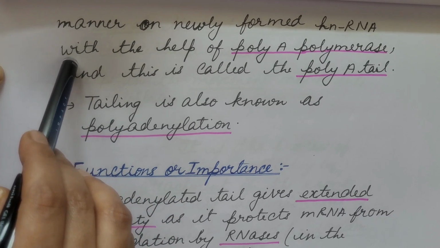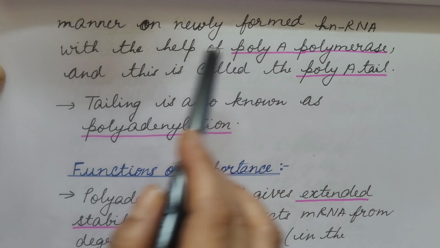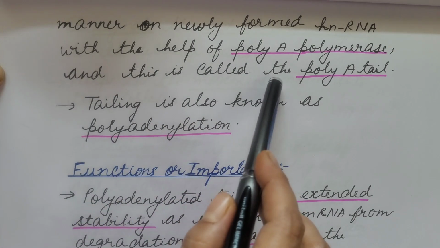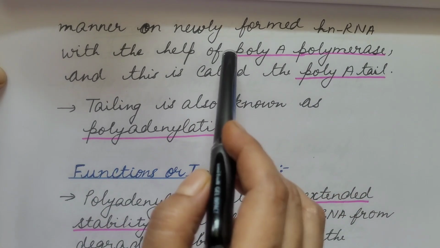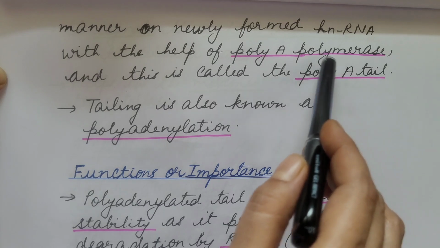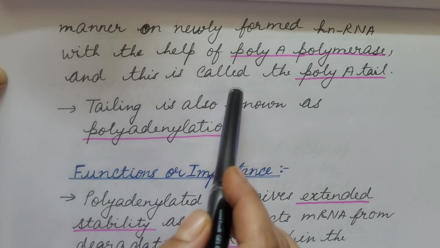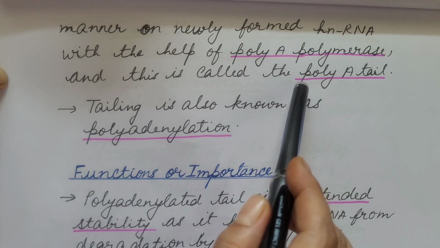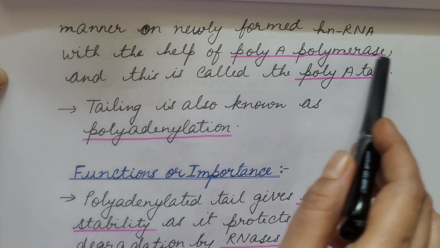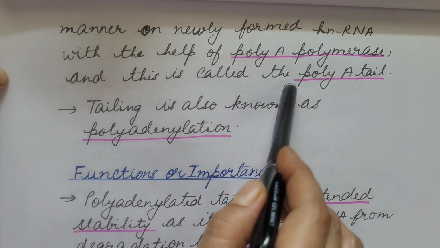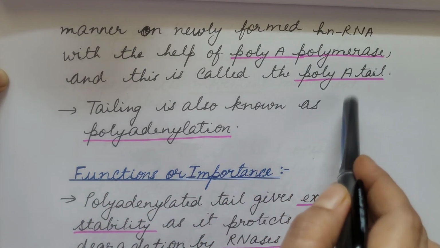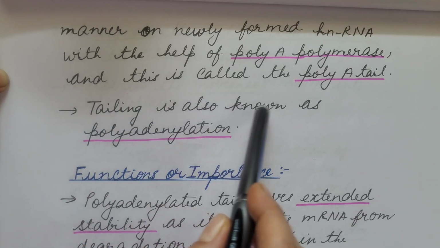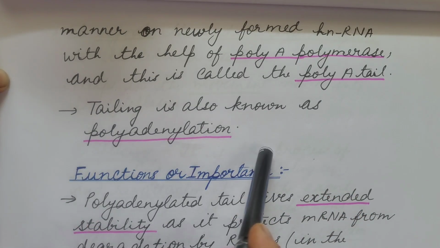This process is catalyzed by poly-A polymerase, and the 200 to 300 adenine residues added at the 3' end are known as the poly-A tail. This process of tailing is also known as polyadenylation.